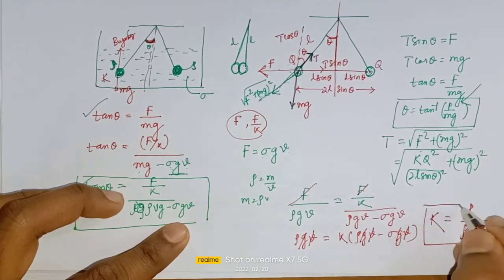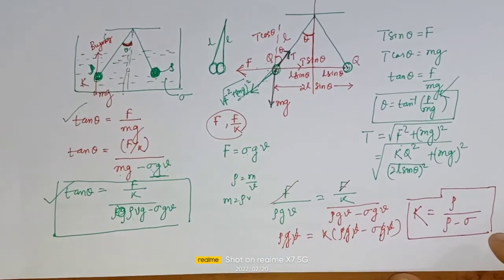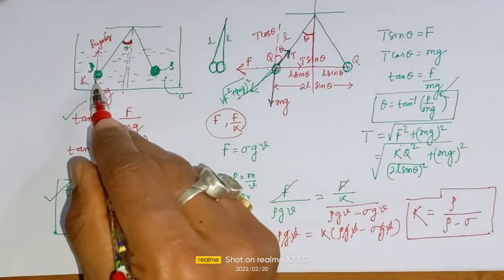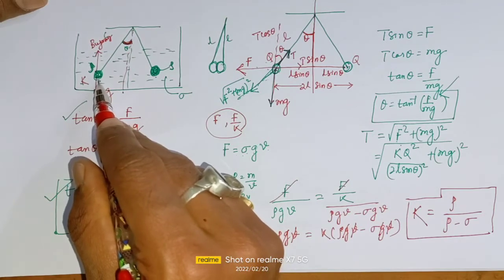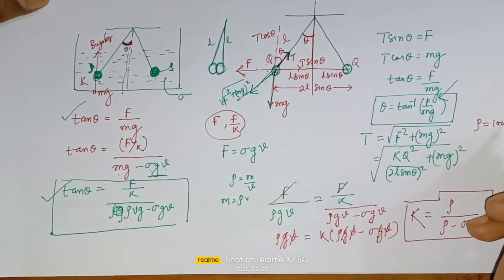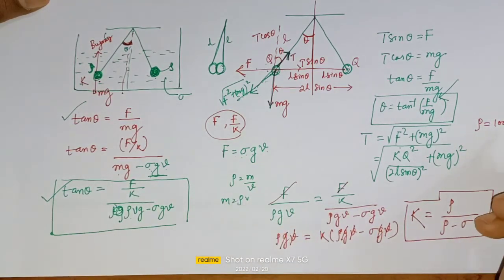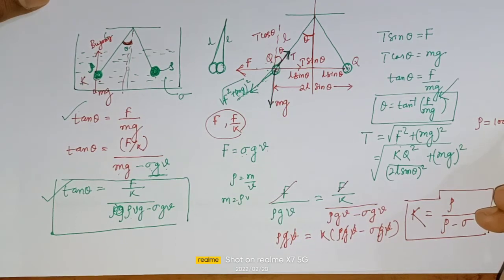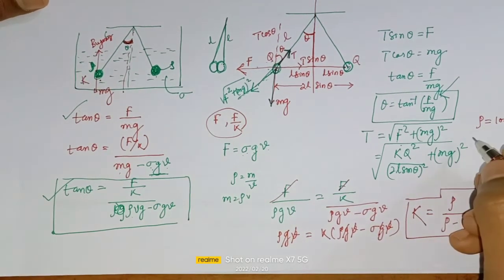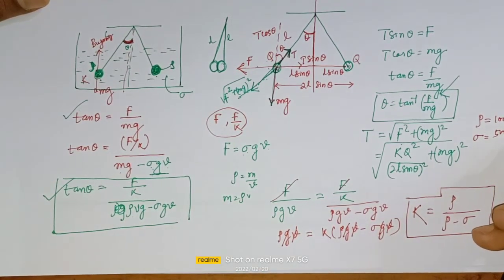This is how the question may be framed in old papers. Suppose the density of the bulb is given as 1000 kg per meter cube, mass per volume, and the density of the liquid, sigma, is suppose 500 kg per meter cube.